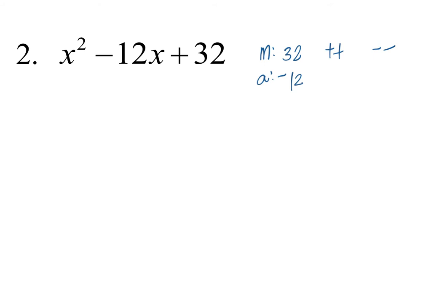You're multiplying to get that positive 32, but you're adding to get a negative 12. So since you're adding these two same signs together and you get a negative, both the signs must have been negative. I'm going to write down the factors of 32.